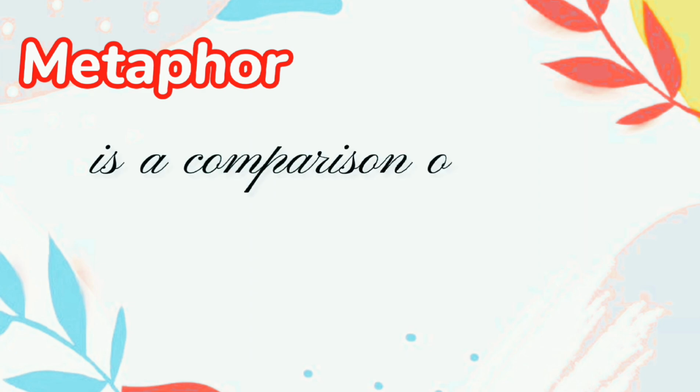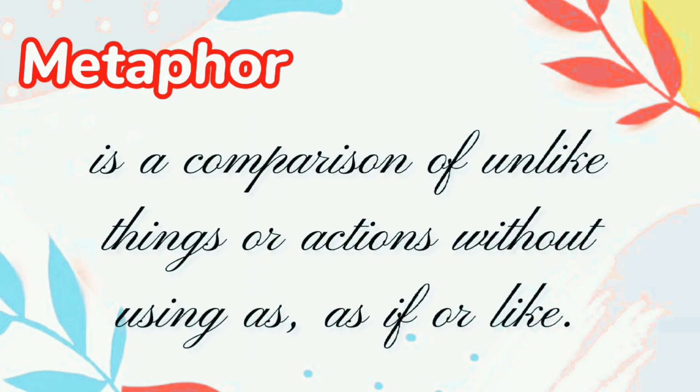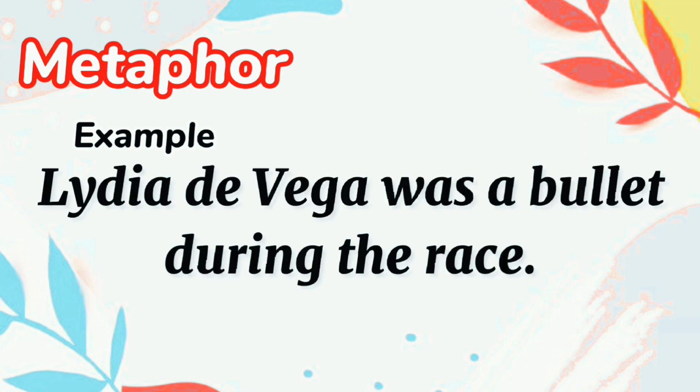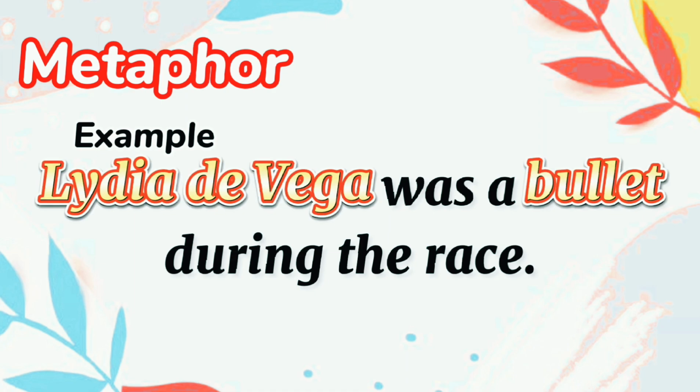Metaphor. Metaphor is a comparison of unlike things or actions without using as, like, or as if. For example, Lydia de Vega was a bullet during the race. What are compared? Lydia de Vega and a bullet without using as if, or like.